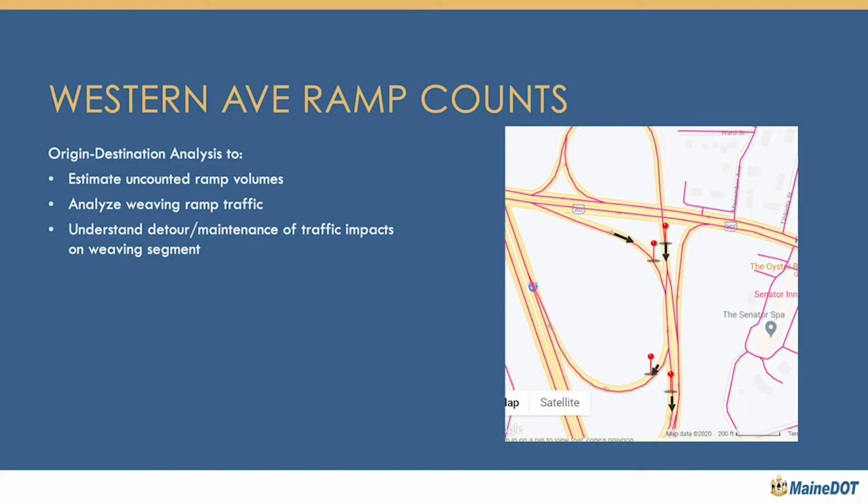One area where StreetLight proved to be particularly useful for the Western Avenue Bridge Replacement Project was looking at the interstate ramps. So we were able to use the origin destination analysis to estimate our uncounted ramp volumes, analyze the weaving ramp traffic for the segment shown on the map here, and understand the mobility impacts of the detours and maintenance of traffic schemes.